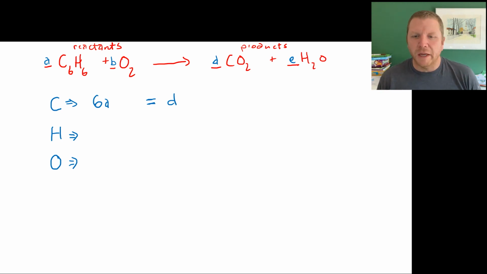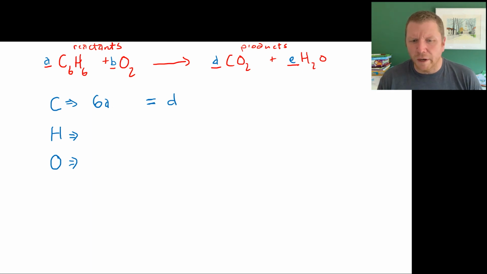Whenever I have that, that's going to help me solve for the proper coefficient to put in front of C6H6 and CO2 to give me an equal number of carbons on my reactant and product sides. My next element is hydrogen. If I look on the reactant side of my equation, I have 6 hydrogens in a molecule of C6H6.